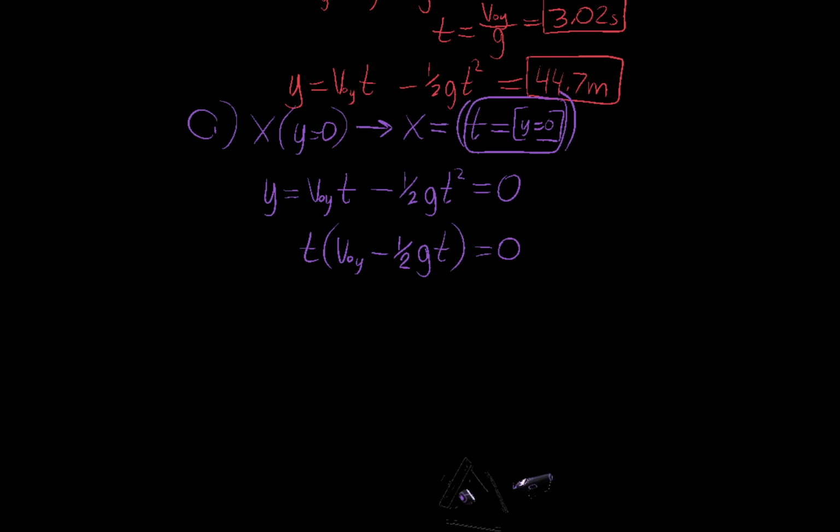So there's 2 times that y is 0, rather. There's 2 t's that correspond to when y is 0. T equals 0, that would be this t. And also, t is equal to 2 v naught y over g.